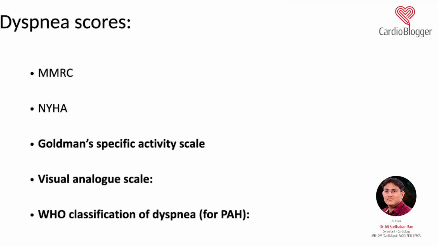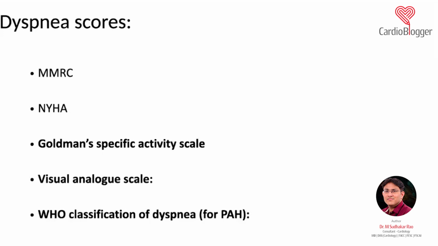The home activities we do are usually 4 to 5 METs: cooking, taking bath, combing, wearing clothes. 5 to 7 is farming or gardening, or riding a bicycle. More than 7 is high activity like basketball, baseball, playing cricket, high speed cycling, running. Those are more than 7 metabolic equivalents.